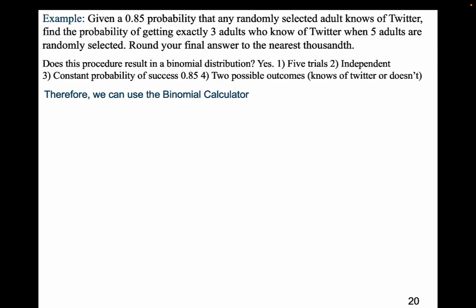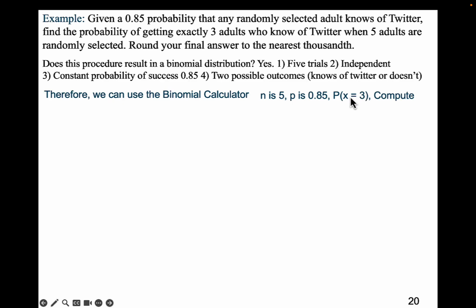When we open this program in StatCrunch, it is going to ask us for lowercase n, so that will be selecting 5 adults. It's going to ask us lowercase p, which is 0.85, probability of success in each trial. And then it's going to ask us to set up the notation here. Capital P for the probability of, and x being, and we have to set this part up here.